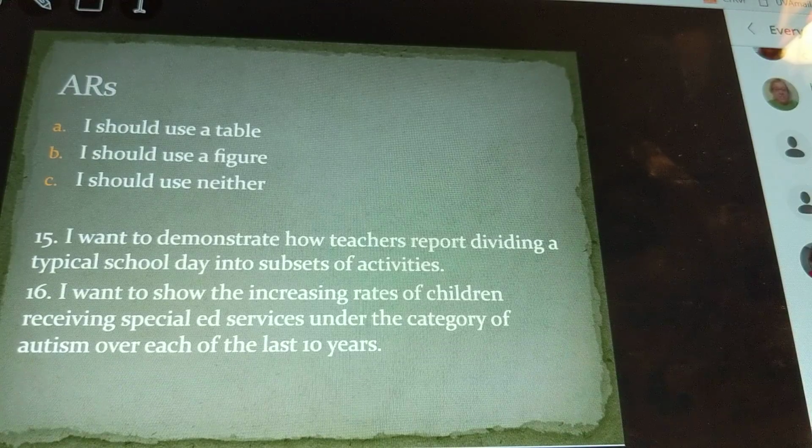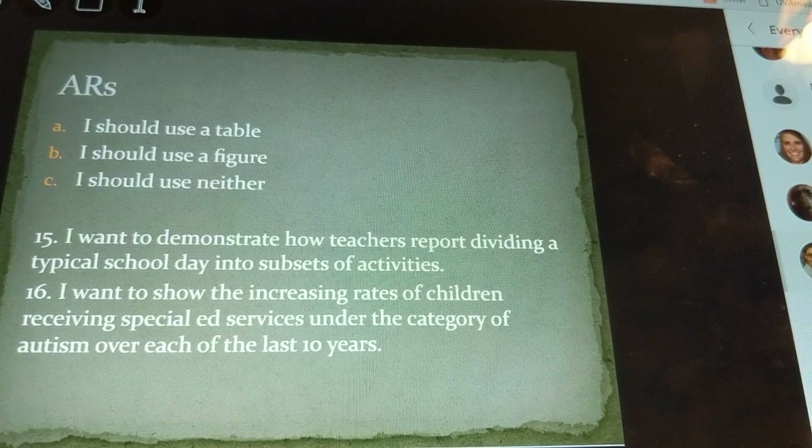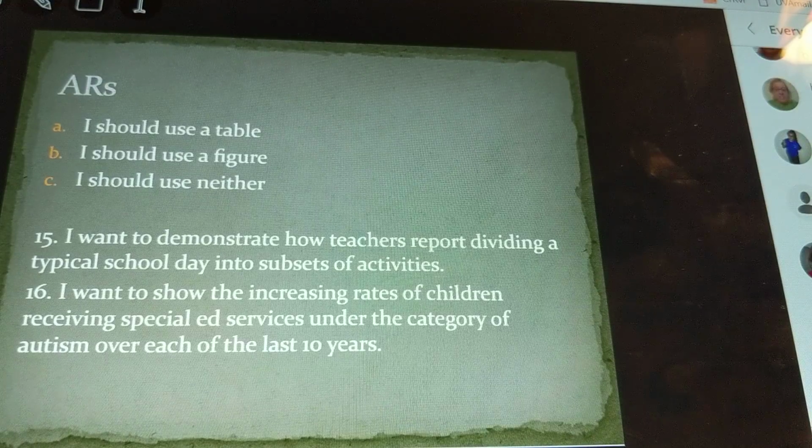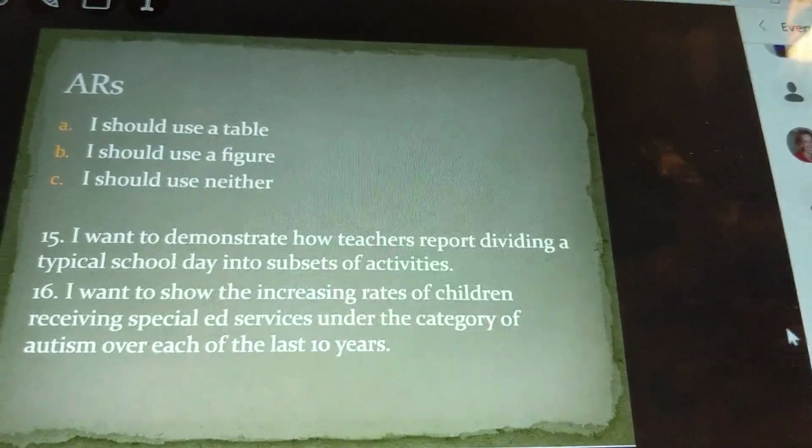All right, I want to demonstrate how teachers report dividing a typical school day into subsets of activities. Should I use a table, a figure, or neither? I'm not so sure I would use either here, because what don't we know about the statement?